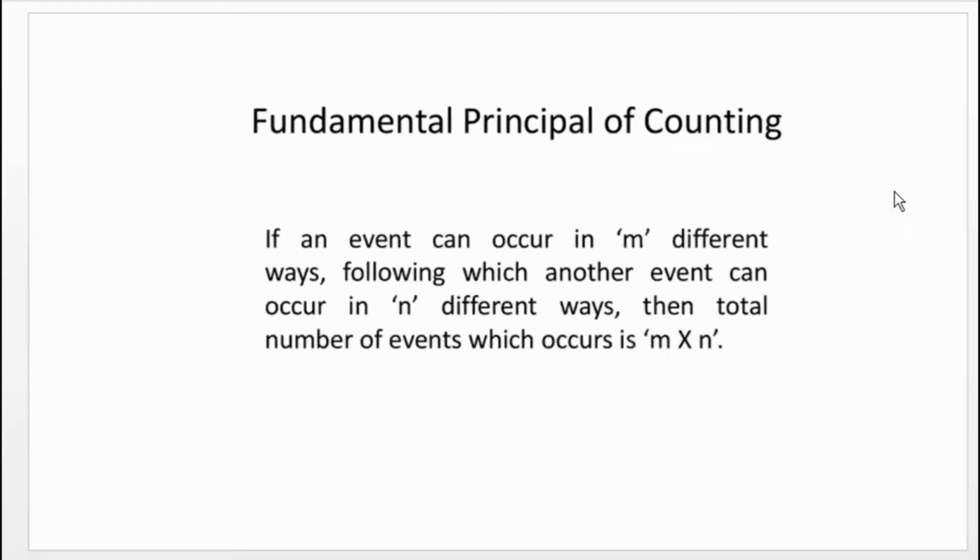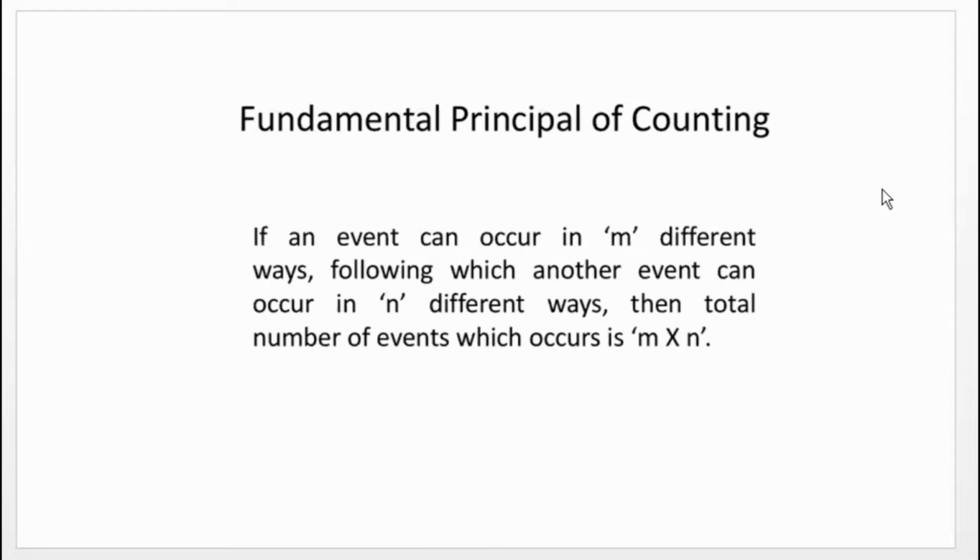Say, the fundamental principle of counting. What's the principle of counting? If an event can occur in m different ways, following which another event can occur in n different ways, then these two events are mutually exclusive, with no interrelationship between them.